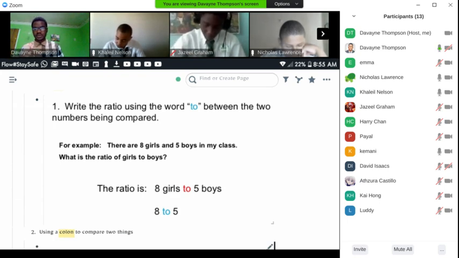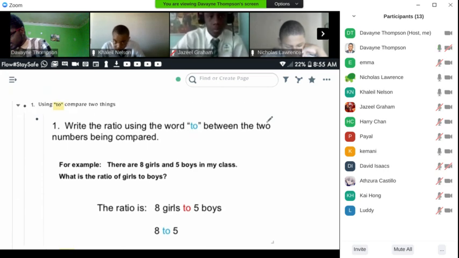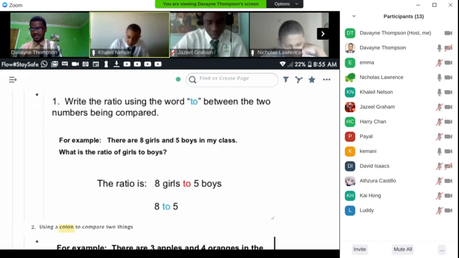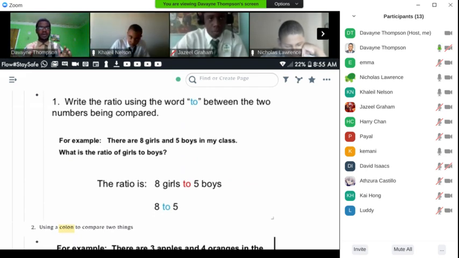You guys are finished? All right. So let me go over the pie one again. You ate half of the pie, right? So that half signifies how much you ate versus how much is left of the pie. So it's a ratio.